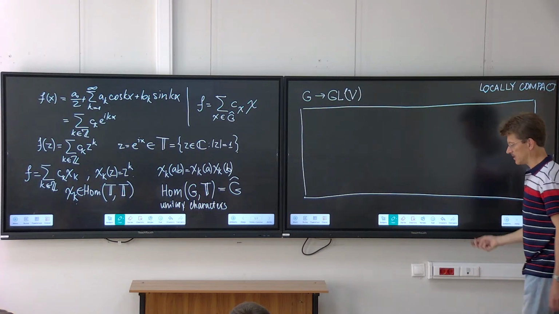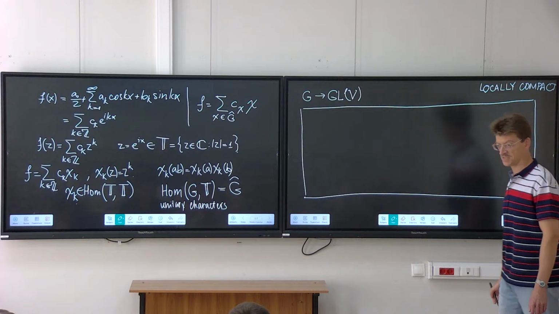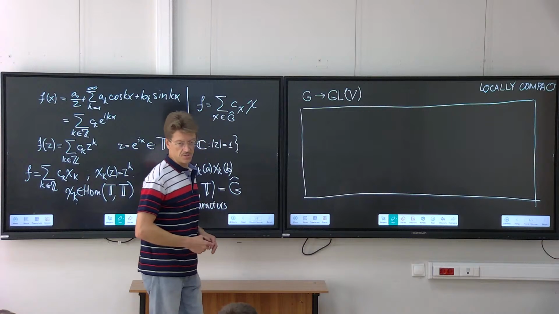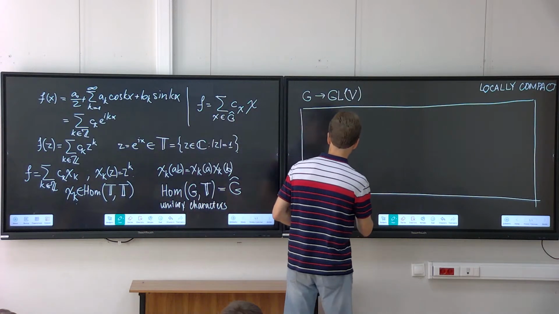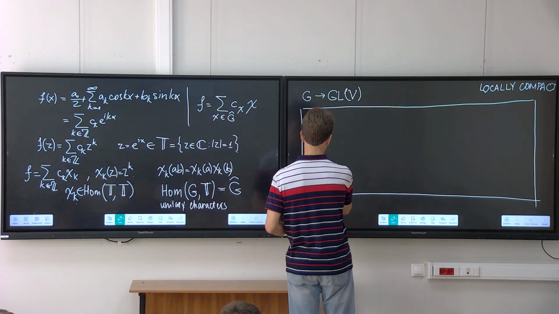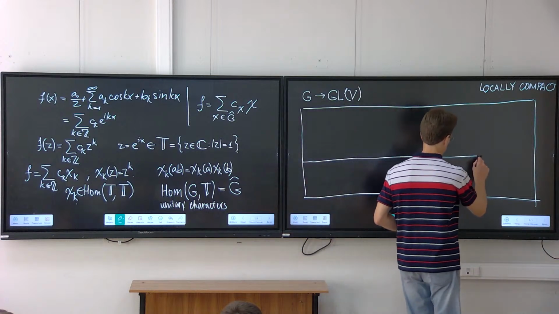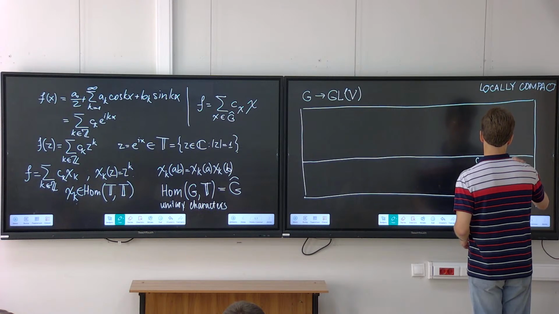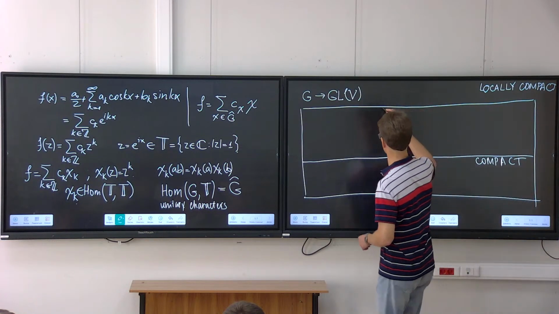This is the natural setting for harmonic analysis and for representation theory. This class contains two important subclasses, namely the class of compact groups and the class of abelian groups.